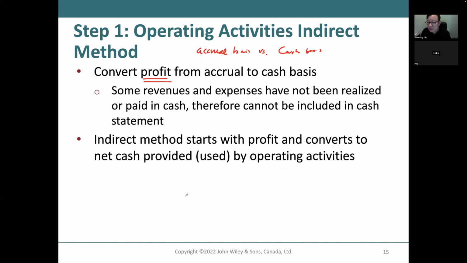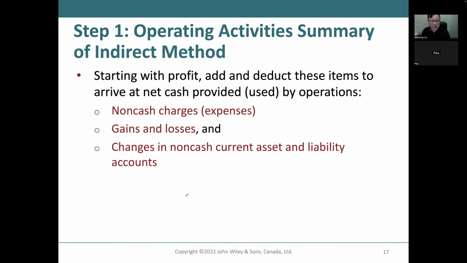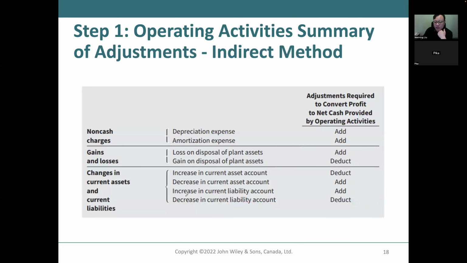On Thursday, I will show you why. For today, I'm only telling you this is the way we have to do it. On Thursday, I'm going to work on a problem and I will show you why. This picture is useful. It tells us to add depreciation expenses, add loss, deduct gain.